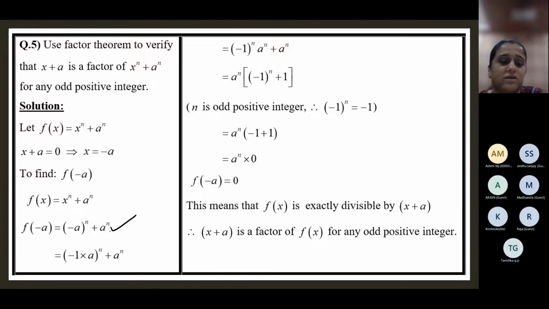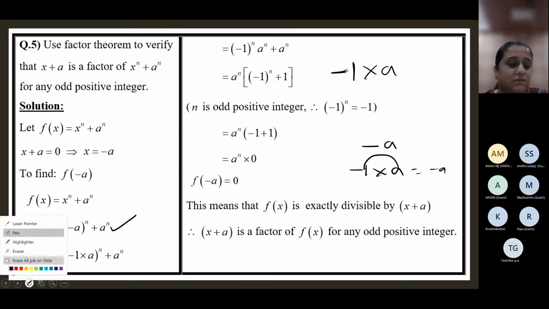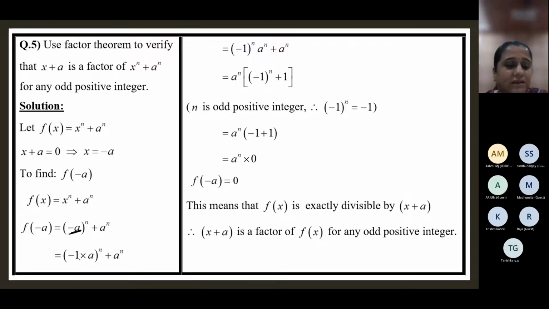In f of x, wherever there is x, we are replacing that with minus a. That's all. Next, what is minus a? Minus 1 into a. You'll understand towards the end why we are writing like that. Minus a can be written as minus 1 into a. Don't write 1 into minus a.